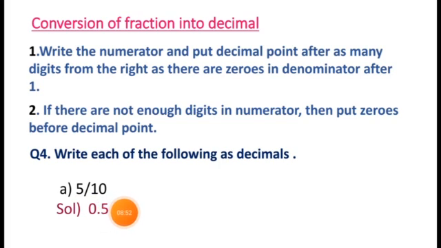Then by seeing the number of zeros present in the denominator, we have placed the decimal point after that many digits in the numerator, and if the digits are not enough in the numerator after placing the decimal point, we placed a 0 before the decimal point to represent the whole number value. So it is 0.5.